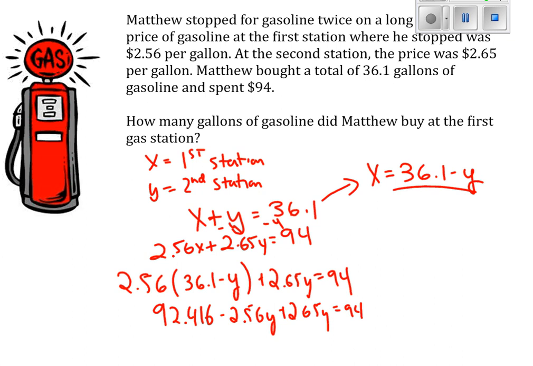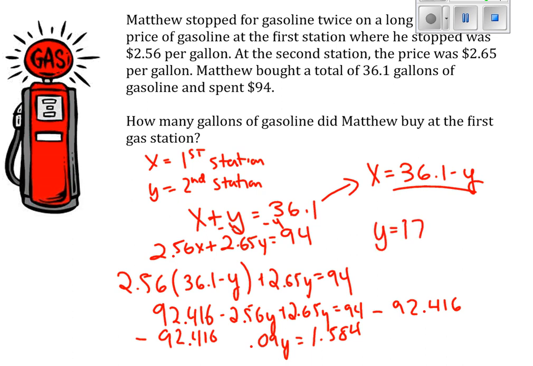This gives me 0.09y. And then 94 minus 92.416 gives me 1.584. And if I divide that by 0.09, I get y equals 17.6.